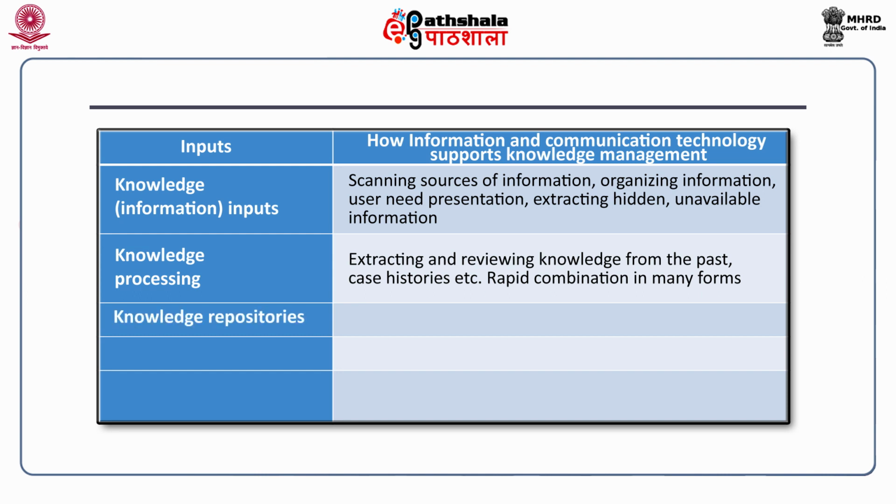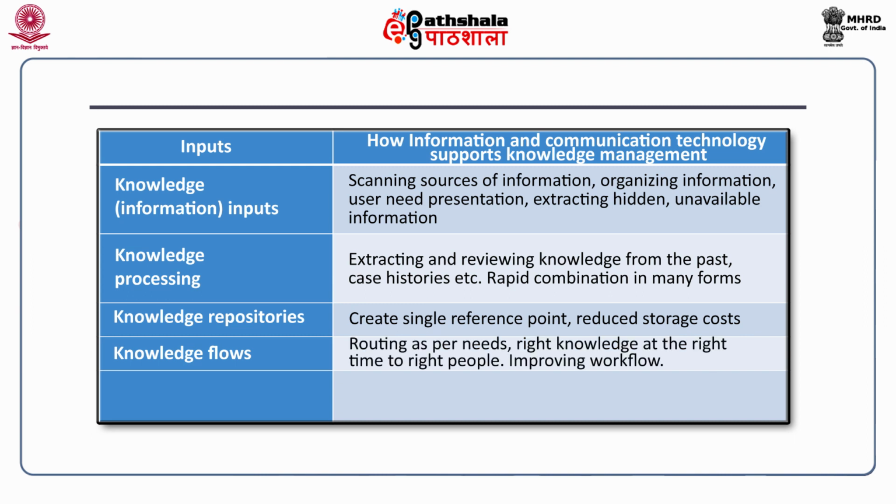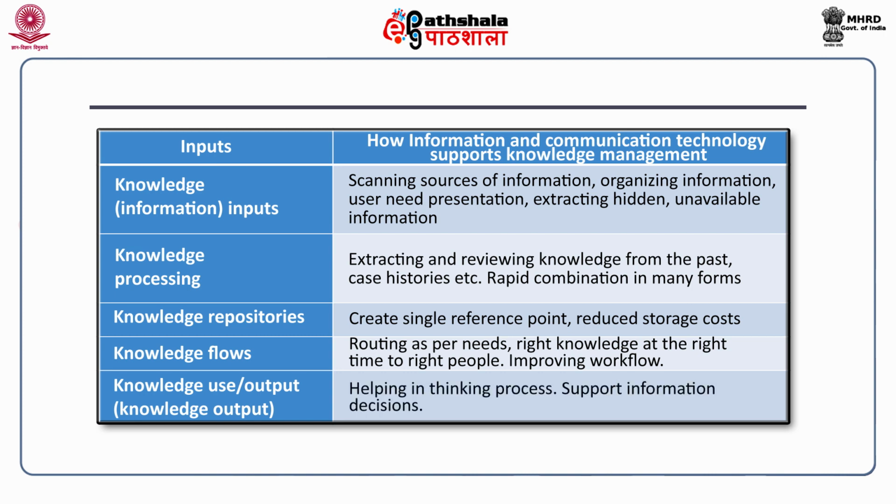Knowledge repositories refer to creating a single reference point, reducing the storage cost. Knowledge flows is routing the knowledge as per needs at the right time to the right people and also improving the workflow. Knowledge use or output refers to helping in the thinking process and supporting informed decisions.